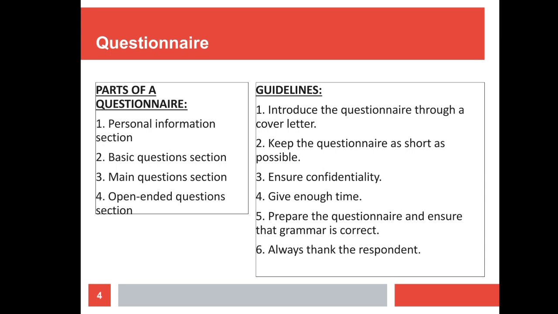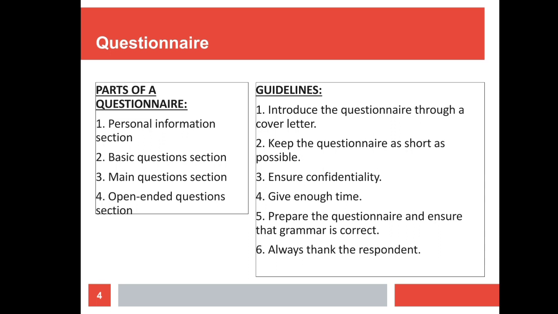It doesn't necessarily express the respondent's opinion properly. It's very objective.